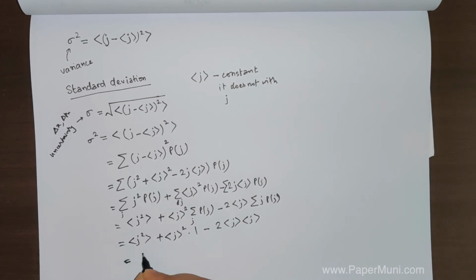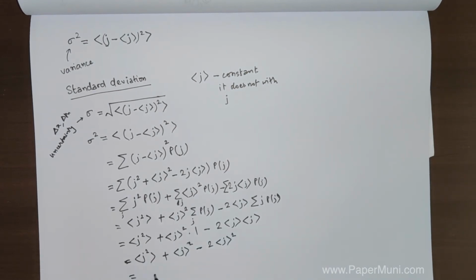So what do you get? This is j square plus square of mean minus square of mean. These two are the same thing. Now this will give you minus j square.